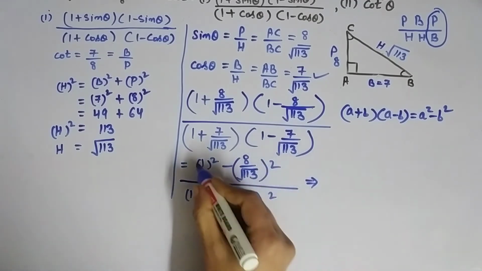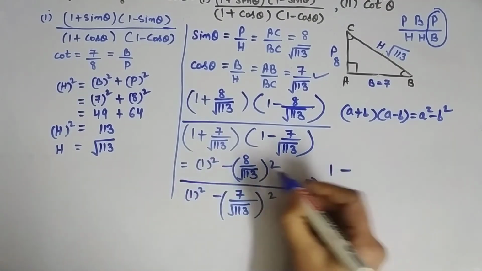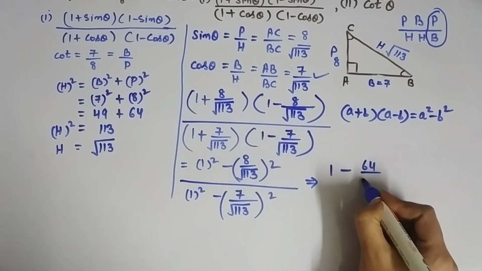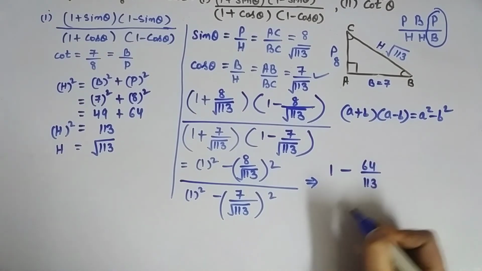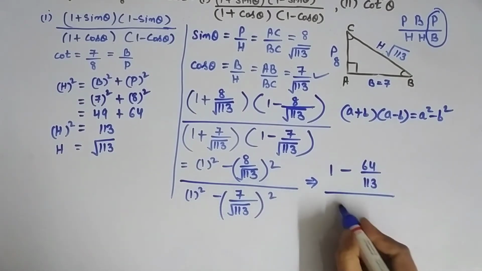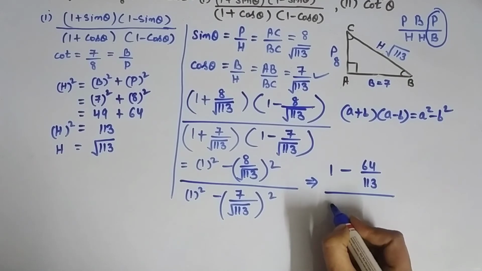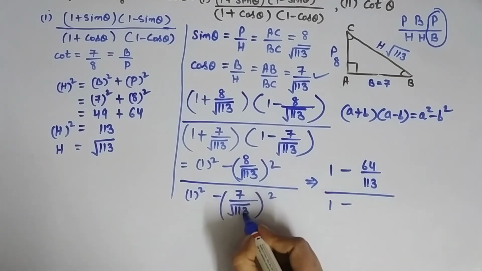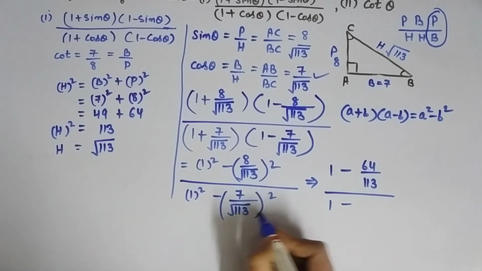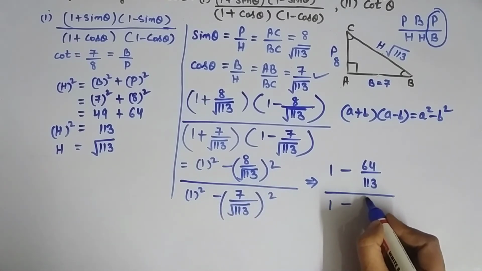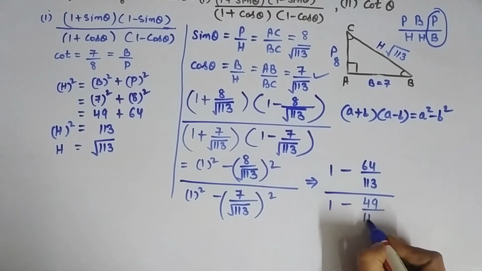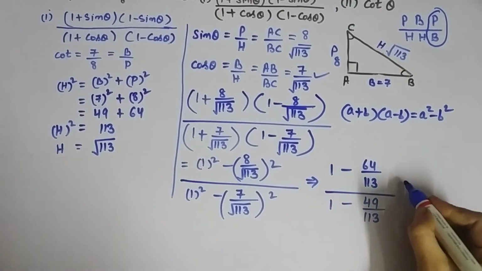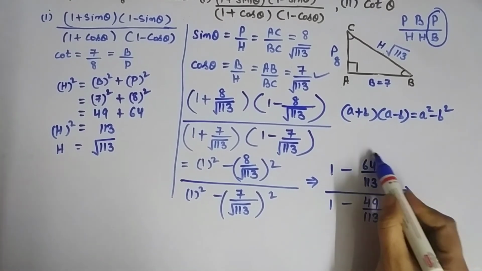By solving we have 1 minus 64 upon 113. Similarly in the lower part, 1 minus 49 upon 113. Okay, now solve the first part.